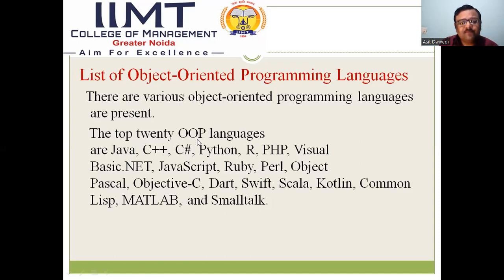The top 20 OOP languages are Java, C++, C Sharp, Python, R, PHP, Visual Basic .NET, JavaScript, Ruby, Perl, Object Pascal, Objective-C, Dart, Swift, Scala, Kotlin, Common Lisp, MATLAB, and Smalltalk.